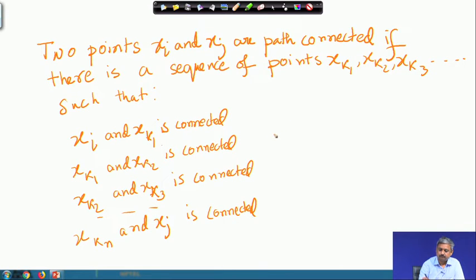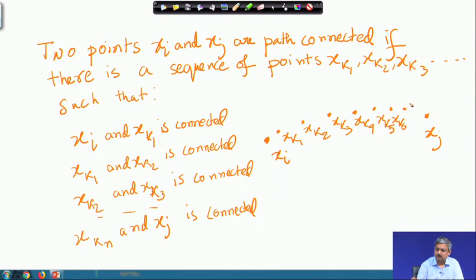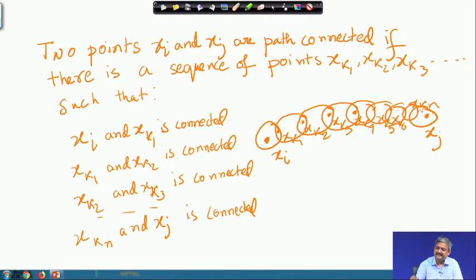What does it mean? You can find a series of points x1 to xn, so that this and this are connected, this and this are connected, directly, till we end in xj.